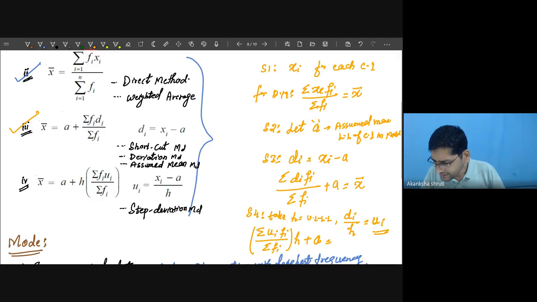This calculation will give you the actual mean. So this is method number 4. That's all. Only one step gets increased. So this procedure you have to keep in mind, students.